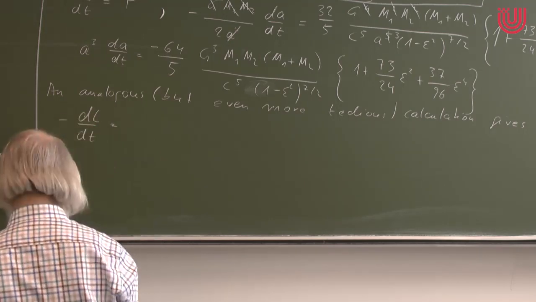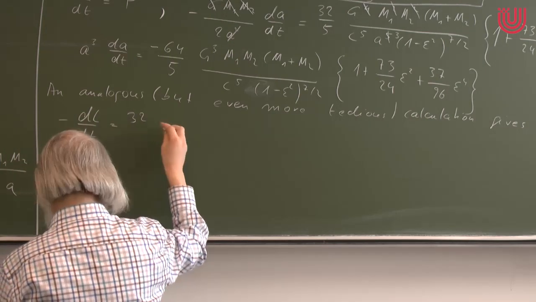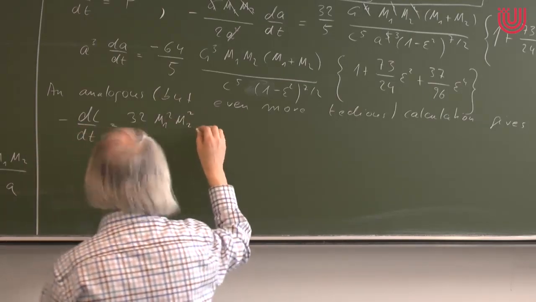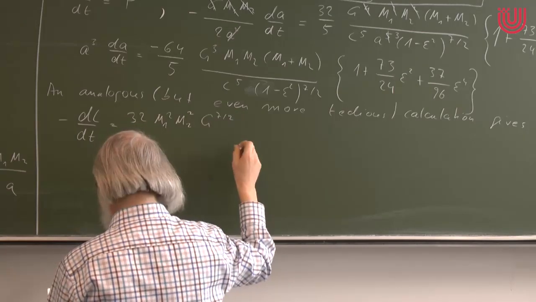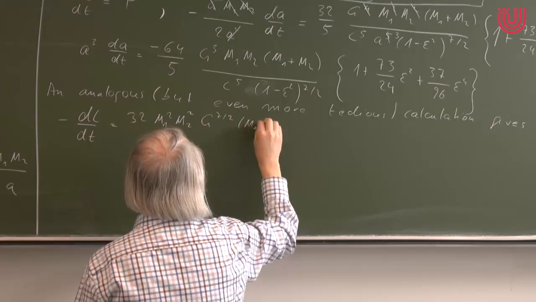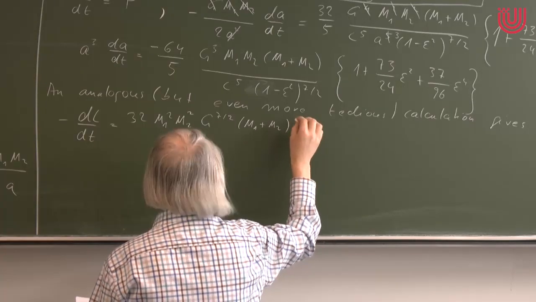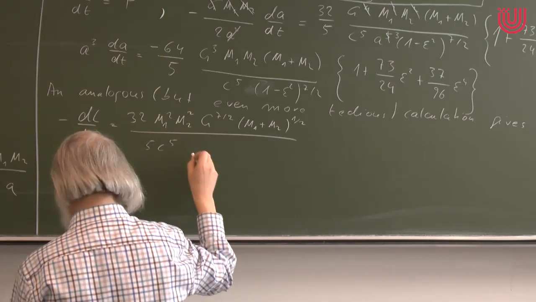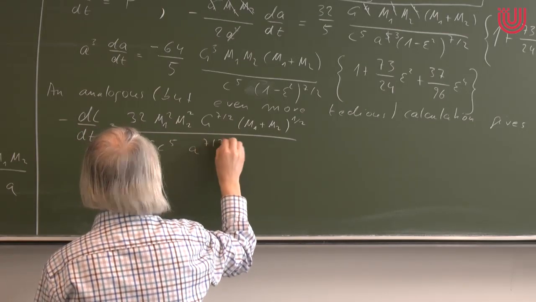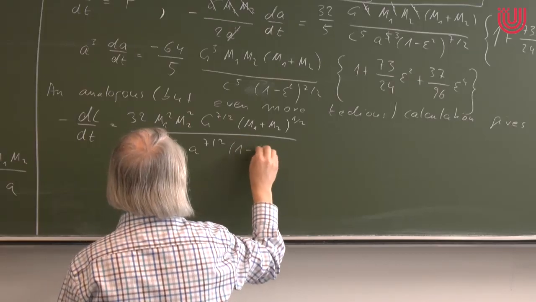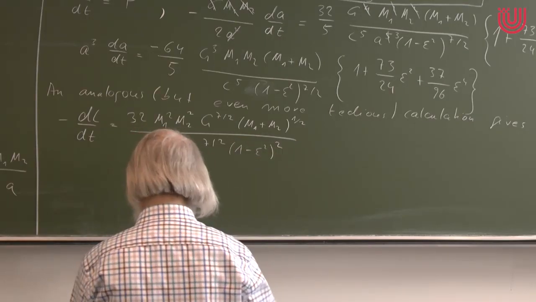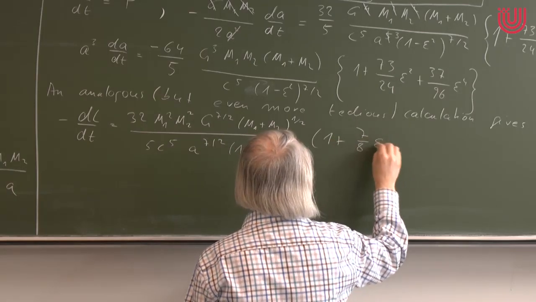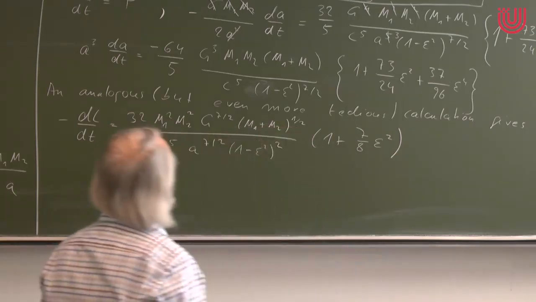Let me also write it with a minus sign. 32 m1 squared m2 squared G to the 7/2 (m1 plus m2) to the 1/2, divided by 5 c to the 5 a to the 7/2 (1 minus epsilon squared), times (1 plus 7/8 epsilon squared). Oops, that's it.